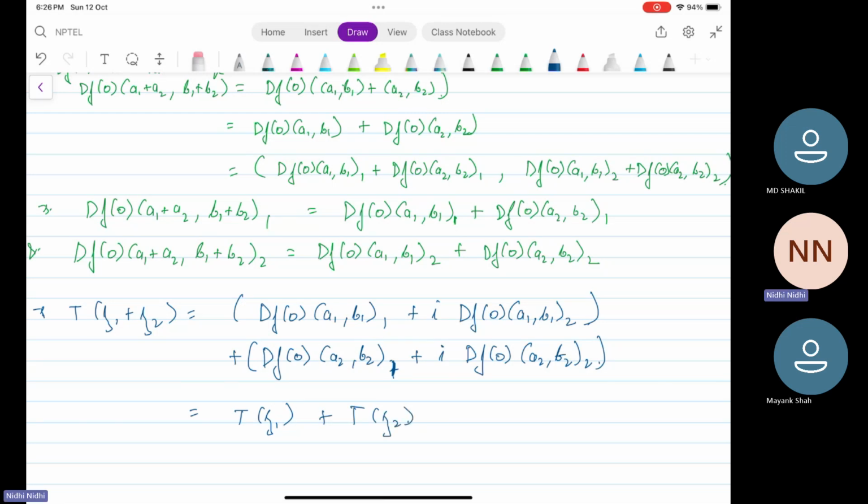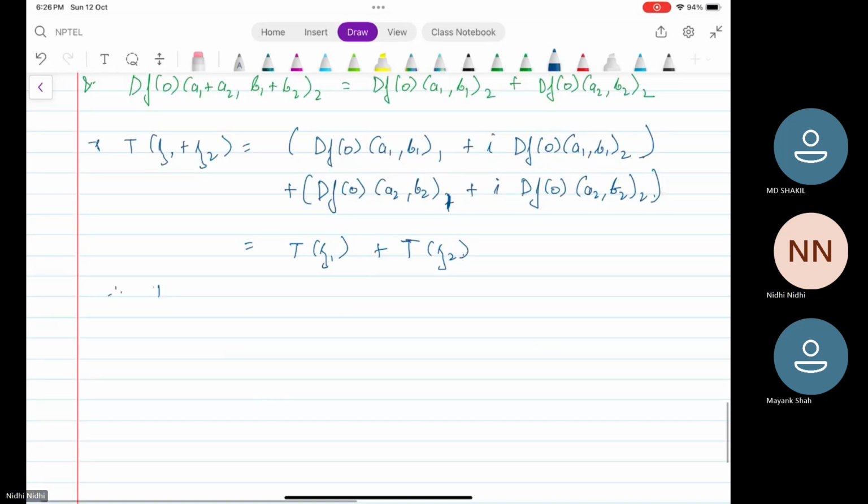So from this we can see that it is closed under addition. Therefore, we don't have any issue when it comes to addition.